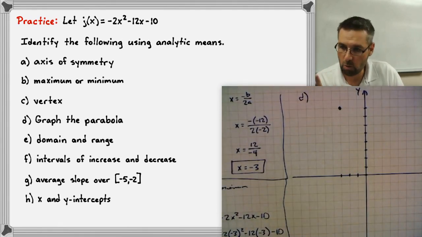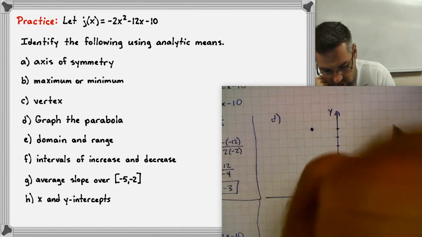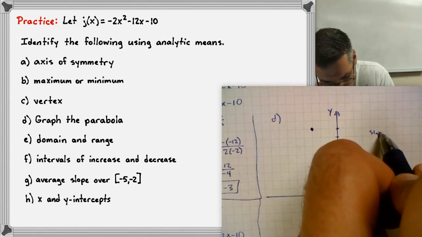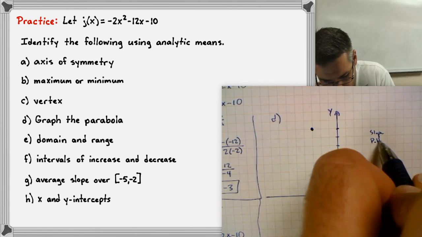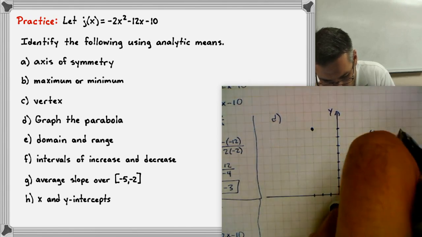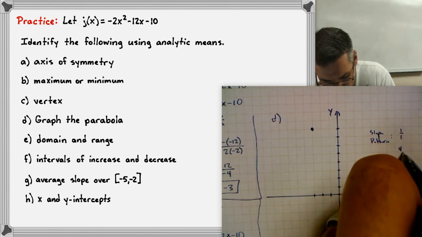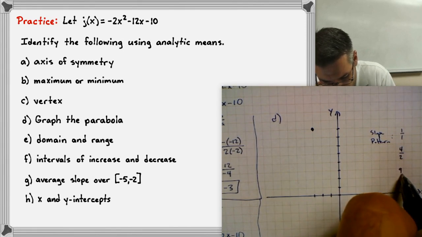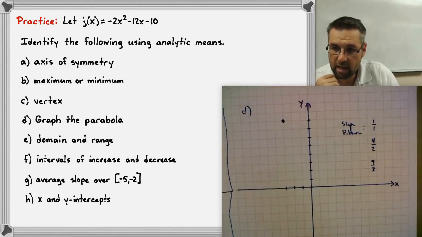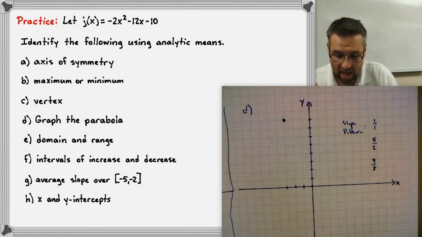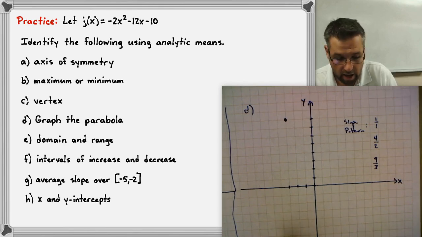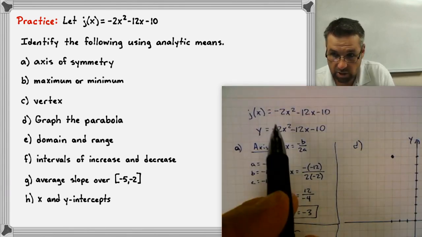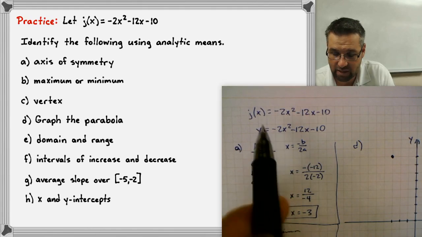Then what do we need? Well, we need our slope pattern. What is our normal slope pattern? Our normal slope pattern, remember, is 1 over 1, 4 over 2, 9 over 3. And what do we do with that? Well, we take that and we multiply it by our a value. Back in the original problem, it said that a was -2.